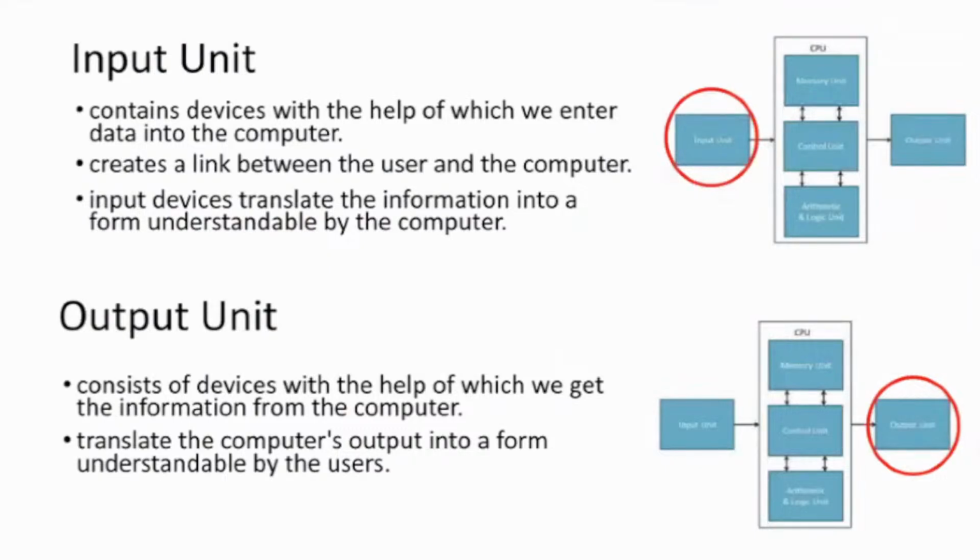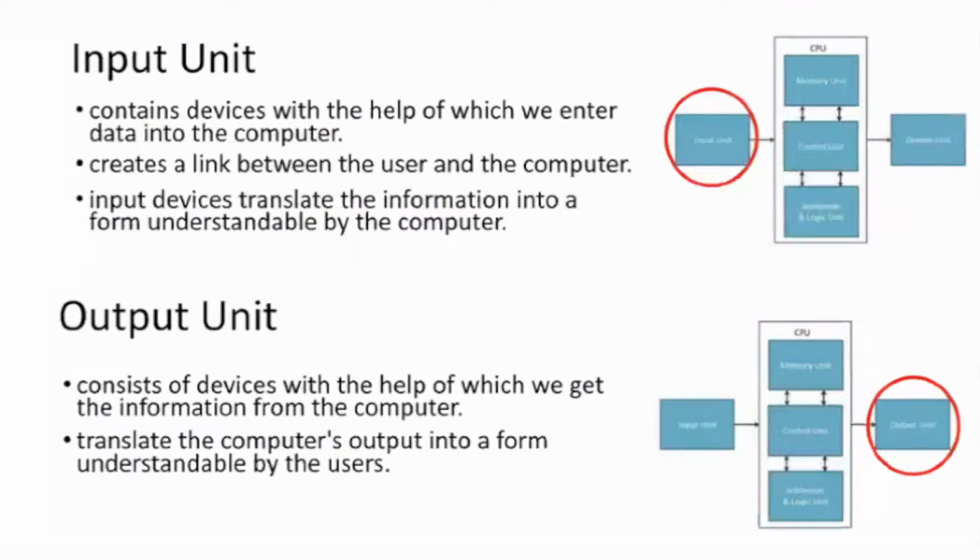So let's move to the input unit. What are the input units of our computers? I explained about input units like keyboard and mouse. They are the first input devices we use. You are using keyboard, mouse, and trackpad.